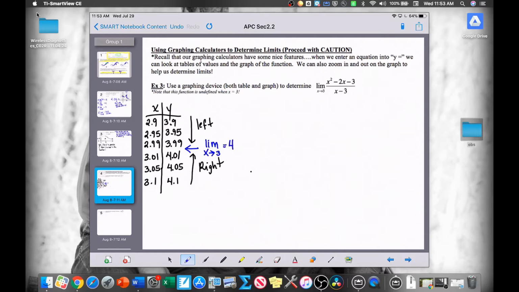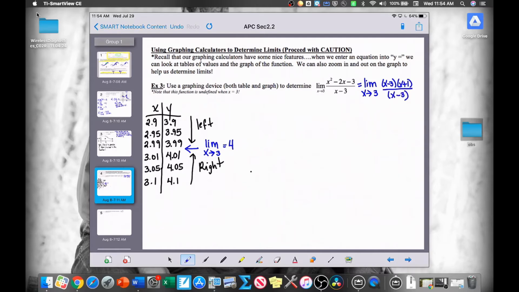Okay? So now let's go back to our original problem and let's do a little bit of algebra. We can simplify this with some factoring. So this would be equal to the limit as x approaches 3 of, we can factor our numerator. That's just an easy trinomial. That's going to factor into x minus 3 times x plus 1. In our denominator, we still have that family of x minus 3.